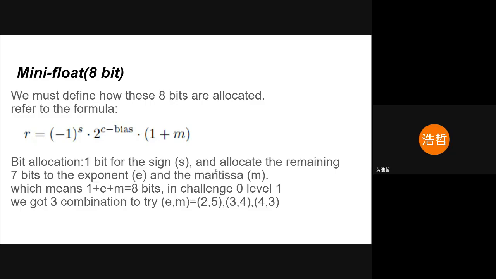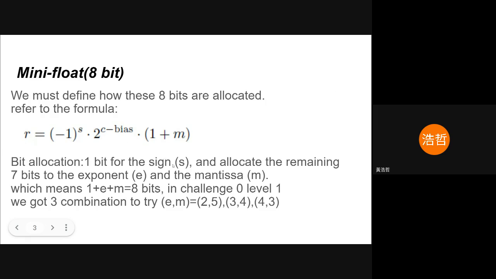Okay, go ahead. Everybody's here. So we need to allocate a bit, and 1 bit is for sign. If s is equal to 0, the number represented is positive.